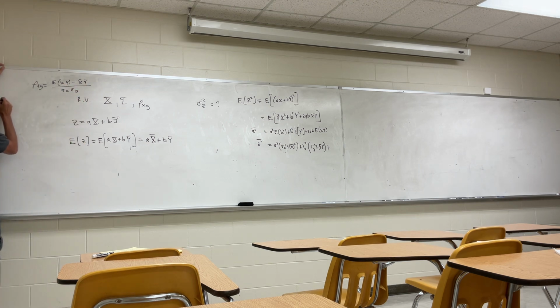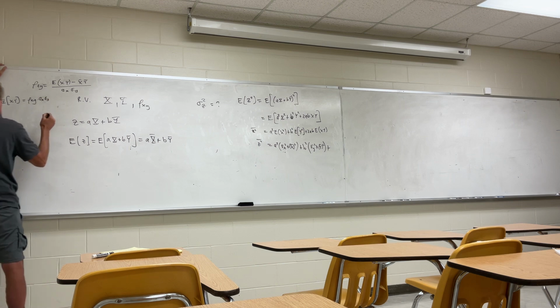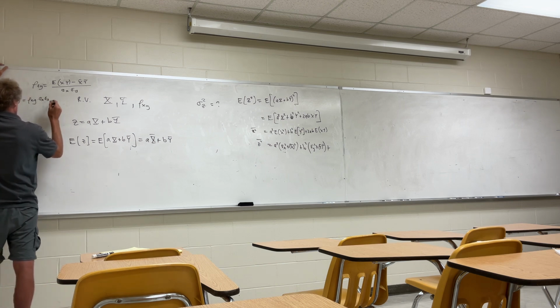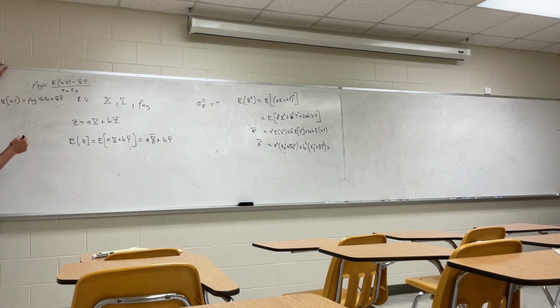I can say the expected value of xy is equal to rho xy times sigma x sigma y, and then plus x bar y bar. I'm just solving for the expected value of xy.